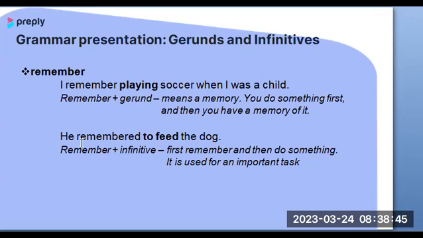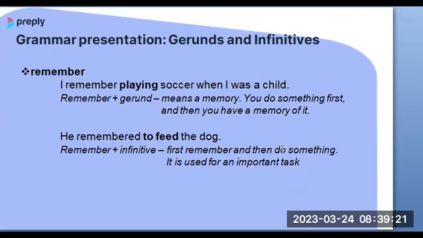On the other hand, if you use an infinitive with the verb remember, you could say he remembered to feed the dog. In this case, that means first you remember something. Oh, you remember that you have to feed the dog. And then after remembering, you do that. So remember plus infinitive is used for an important task, remembering an important task that you have to do.